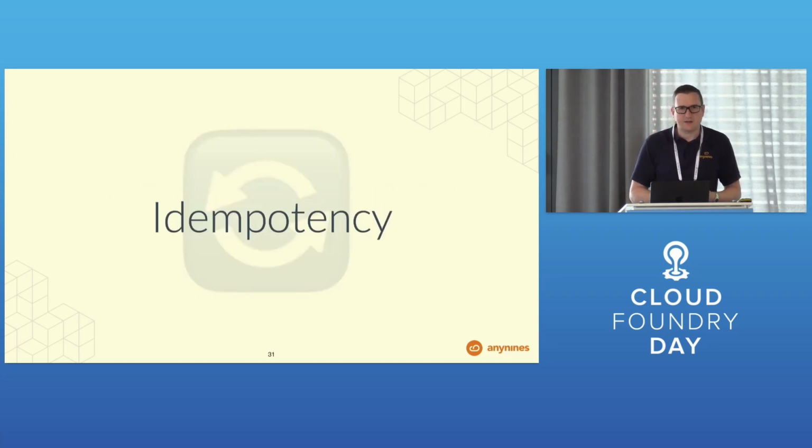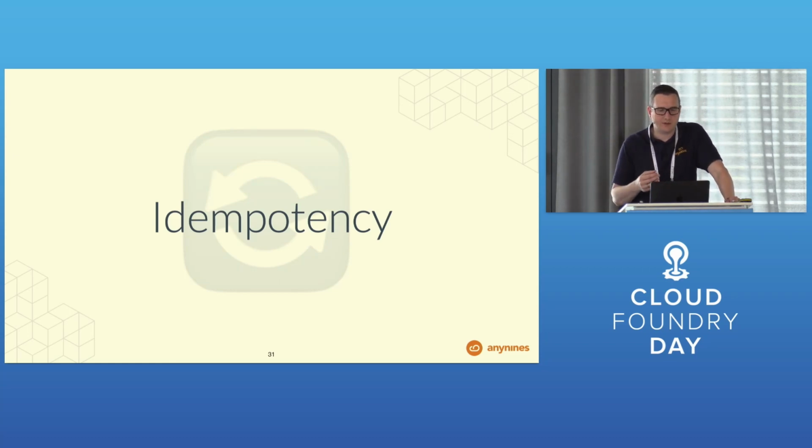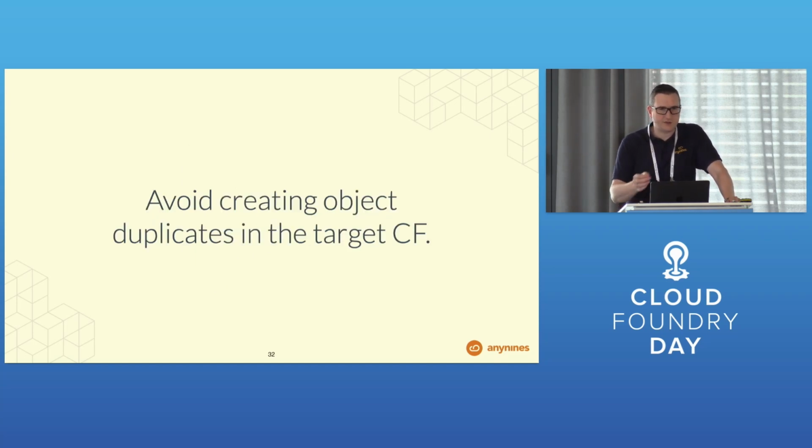The next requirement that comes from that approach is that you need to implement your actions in an idempotent way, which basically means that you avoid creating duplicates, and that whenever you reapply it, when an object has changed, you ensure that this change is reflected in the target system properly.